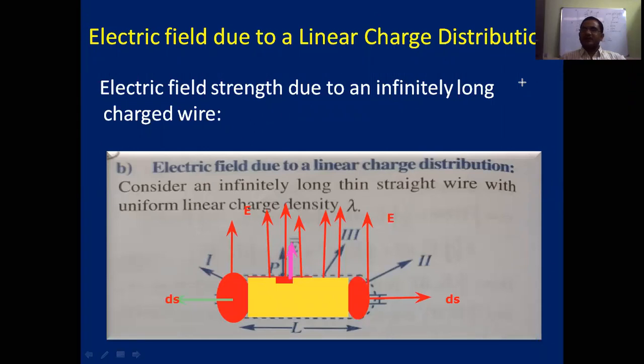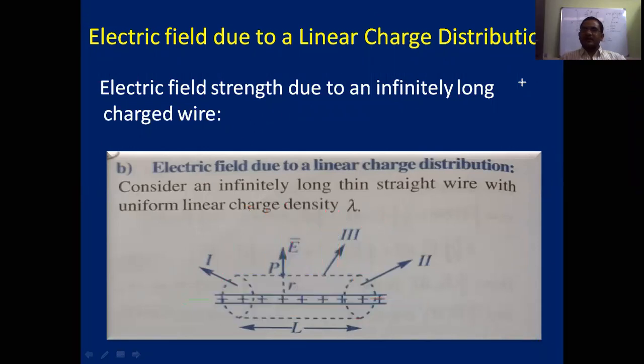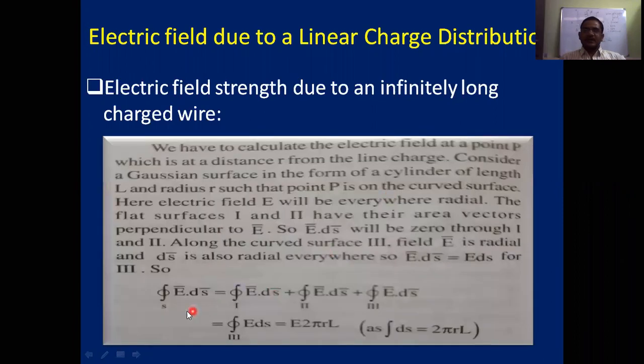Now I will go to the next step. The total flux is equal to the surface integral of E bar dot ds bar over region 1, plus the flux through region 2, plus the flux through region 3. Here the first and third are 0, because at the circular surface areas I showed the flux is 0. There E bar and ds bar are perpendicular. So only the flux at region 3 remains, which is the surface integral of E bar dot ds bar, E into ds.